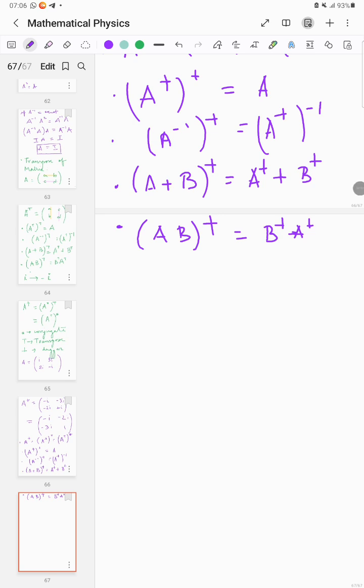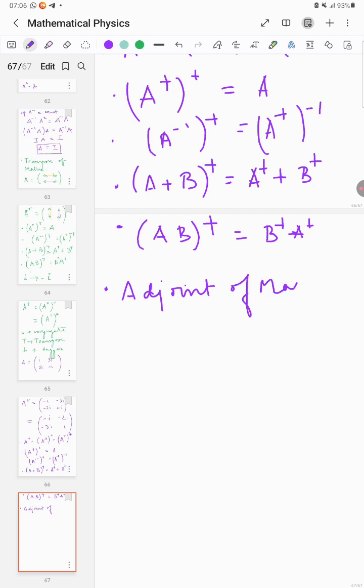Now let us see an example where we need to find adjoint of A. So how do we find adjoint of A? A here represents a matrix. Alright.